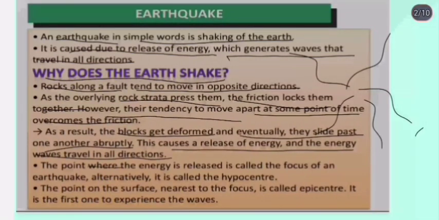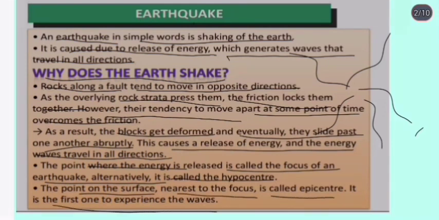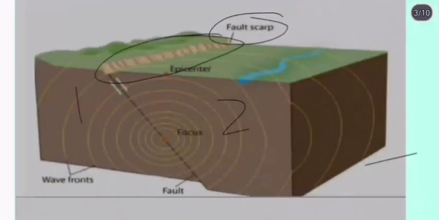The point where the energy is released is called the focus of an earthquake, and alternatively it is called the hypocenter. The point on the surface nearest to the focus is called the epicenter. It is the first one to experience the waves.